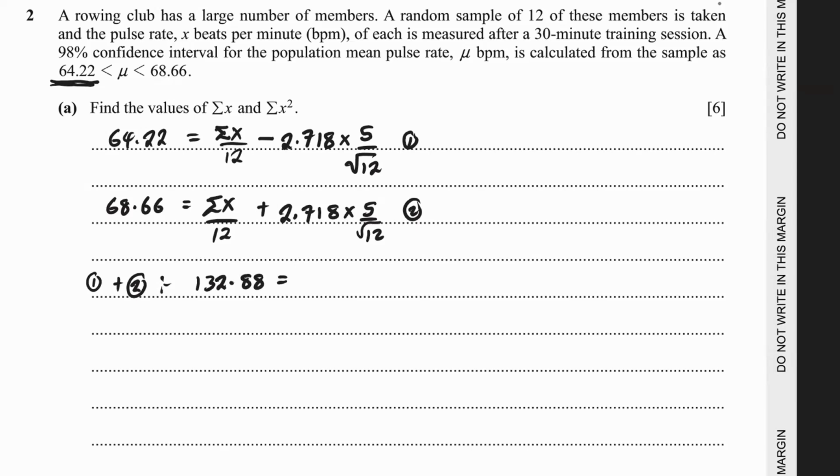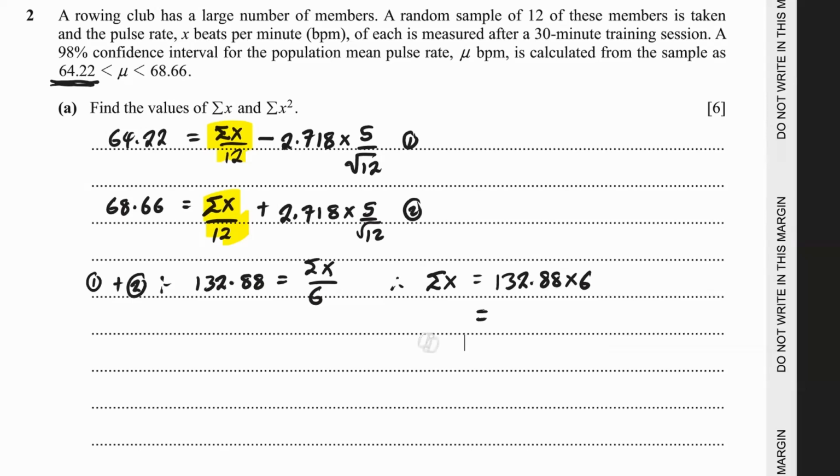So 132.88 is equal to, here we'll add these two, and that's going to give us sum of x over 6. And adding these two will give us 0. So basically, the sum of x is going to be 132.88 times 6.